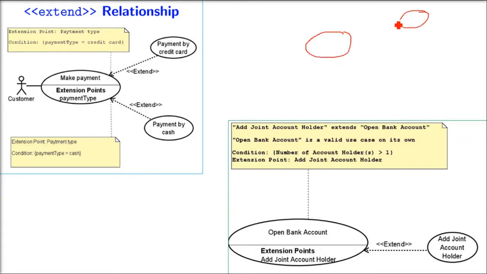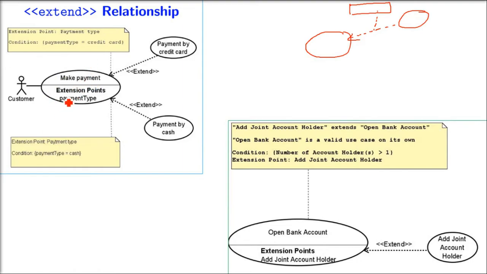If you are making some use cases have a relationship, you can also give some note, some description about this relationship. So you can have a box, a page box with a flip, and you can write it here. This is the extension point or condition you can give. This is also possible. So we're talking about a customer. Now he wants to make a payment.